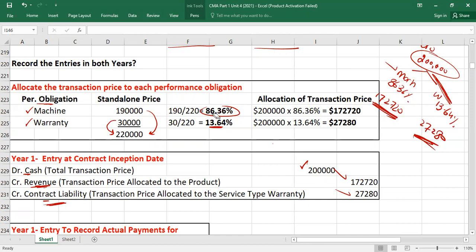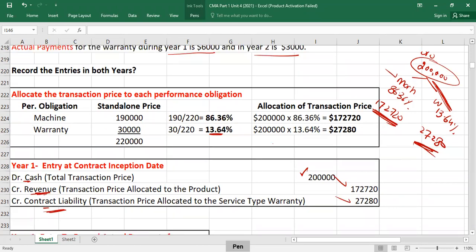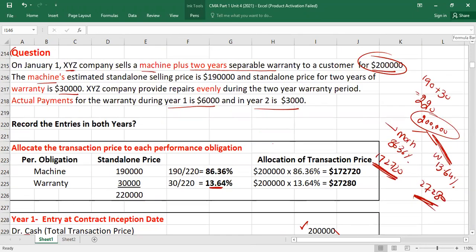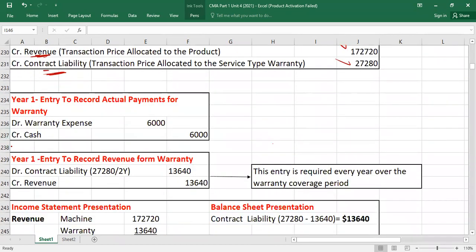Now you have to focus on the question again. The first entry is passed, and now record the year-wise entries. In the first year, how much are the actual payments? 6,000. What entry will you pass in the first year for this 6,000? You will debit warranty expense and credit cash by 6,000. One thing is done.